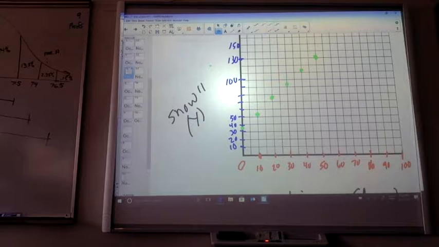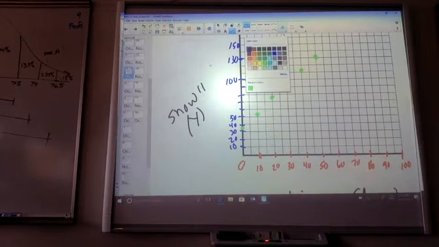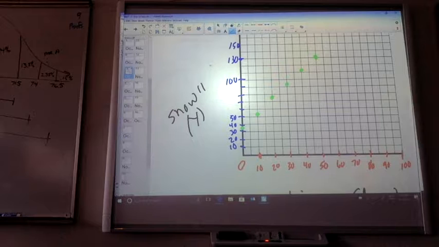All right, so then draw a line of best fit. How do we draw a line of best fit? What's the method to this madness? Any ideas? Yeah. Well, you try to.